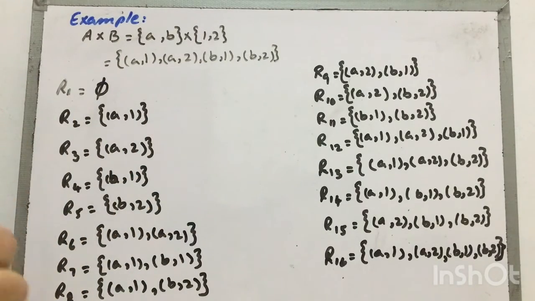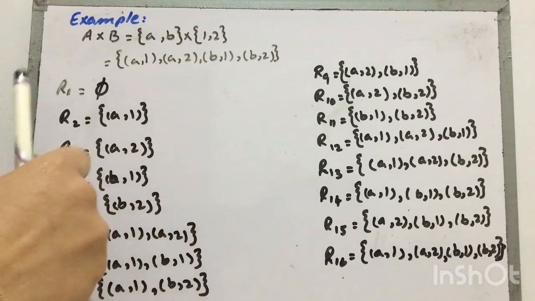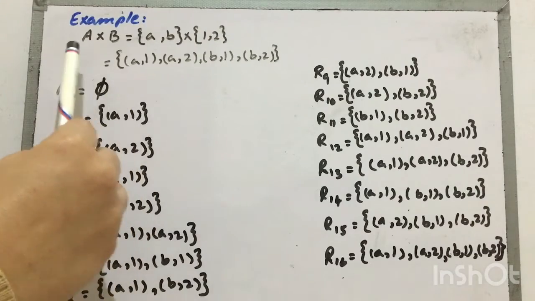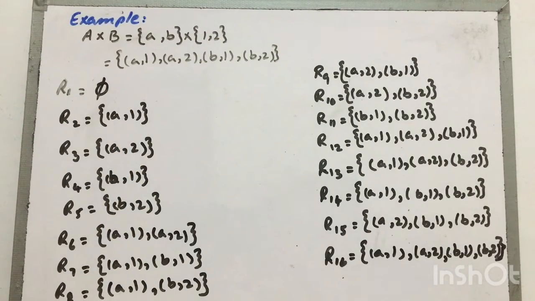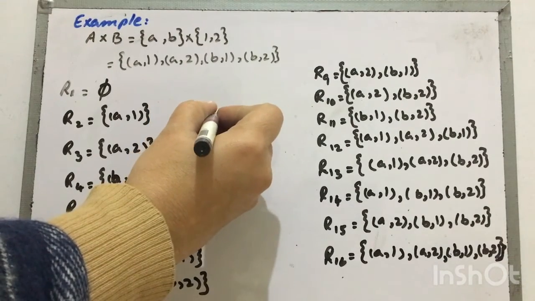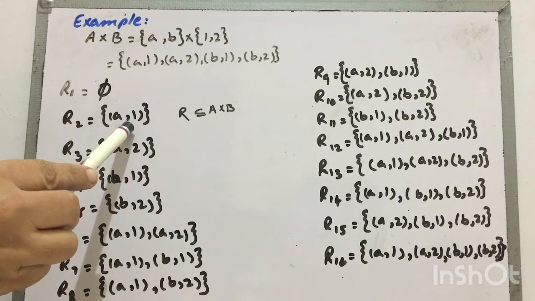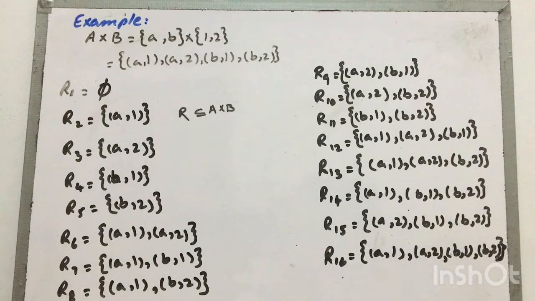Now you can see I have taken out 16 relations which are subsets of the Cartesian product of A into B. We can say each relation is a subset of A into B. R is called the binary relation from A into B because there exists some relation between the first and second element of each ordered pair in the relation.